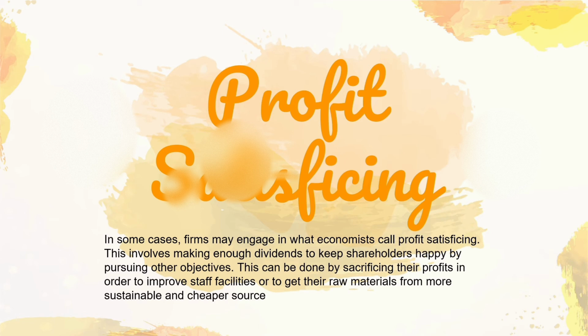So, if there is profit satisficing, they can earn further profits in the long run. They can also keep their shareholders happy. This will increase the number of shares in their firm in the market. So this is one of the objectives that a firm is looking for: profit satisficing.